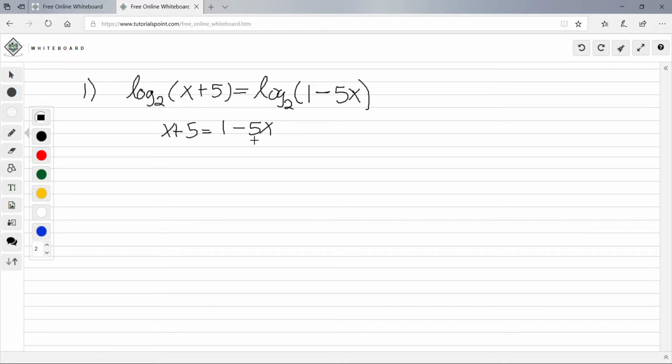I want to get one side to be 0, so let's get rid of this 1 minus 5x. We can subtract 1 and then add 5x on both sides.